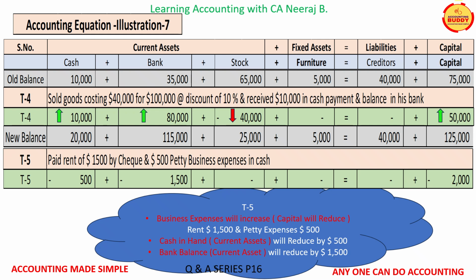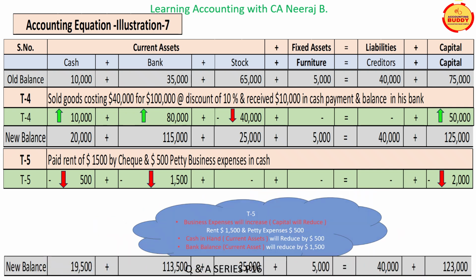Cash will be reduced by $500 because the petty expenses are paid by cash. Bank balance will be reduced by $1,500 as the rent is paid by check. And capital will be reduced by $2,000 as both the rent and petty cash expenses will reduce the profit of the business.